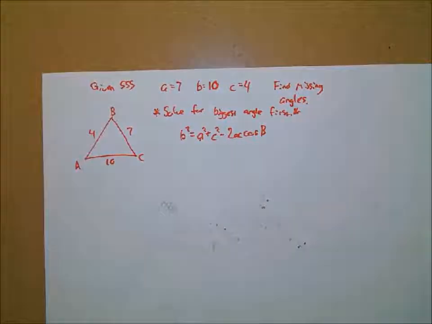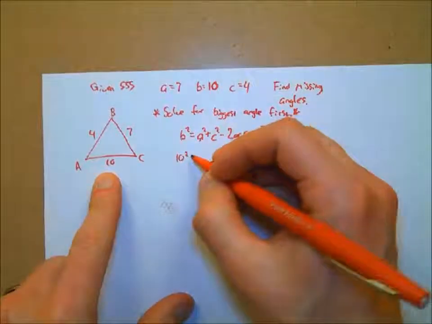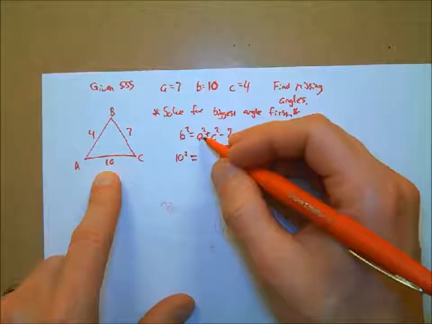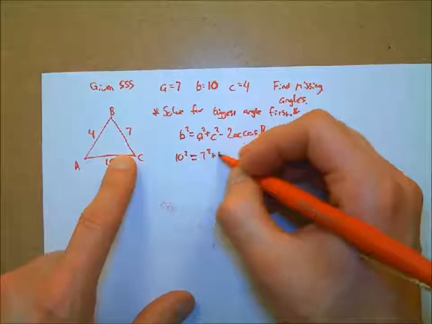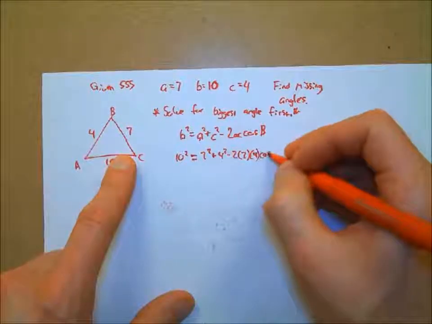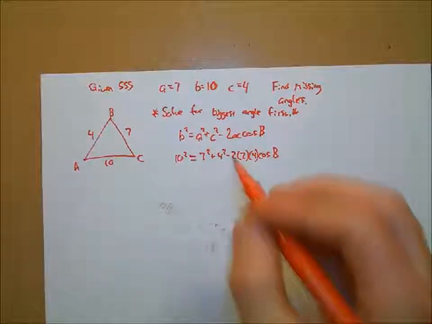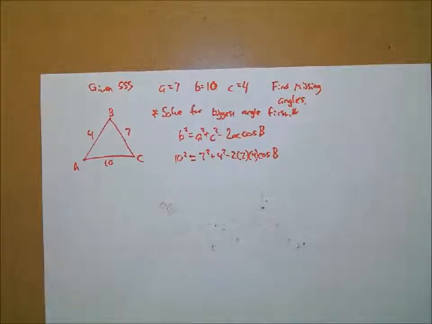Okay, so we'll plug in all the stuff that we know. Little b is 10, little a is 7, little c is 4, minus 2 times 7 times 4, cosine of B. To continue solving, this is where students tend to make the most errors.